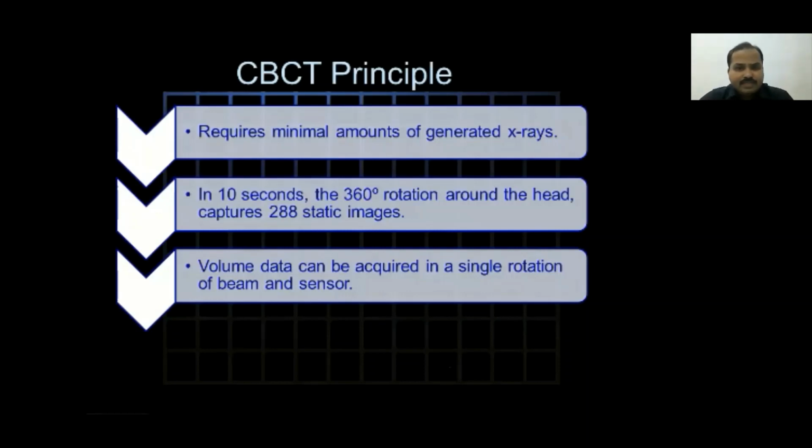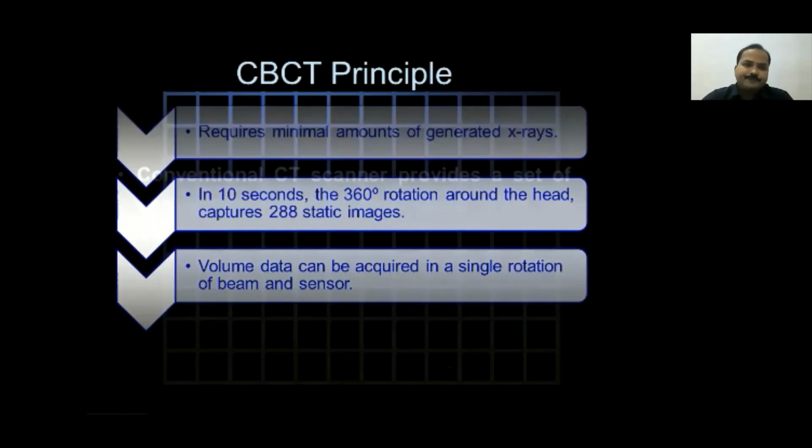As you all must have seen the OPG machine in the college, the data acquisition in the OPG machine is on the film or the sensor, and it is seen on the computer screen after the acquisition. Similarly, over here, the volume of data acquired by a single rotation of the beam and sensor will be seen on the computer screen.